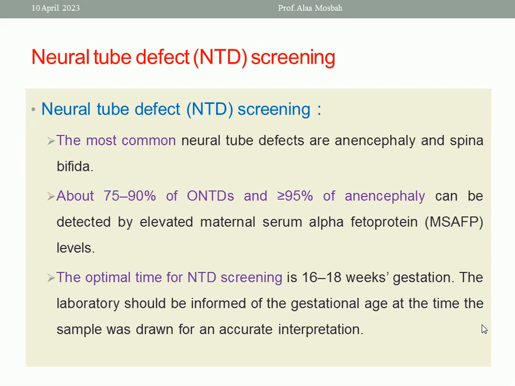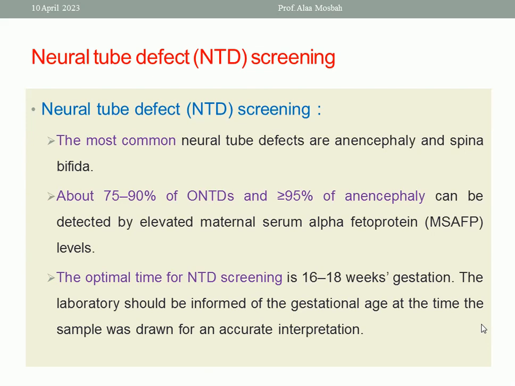This is our target, to measure maternal serum alpha fetoprotein. At which gestational age are we going to do it, and what is the optimum time? The optimal time is 16 up to 18 weeks gestational age. This is as regards neural tube defect screening.